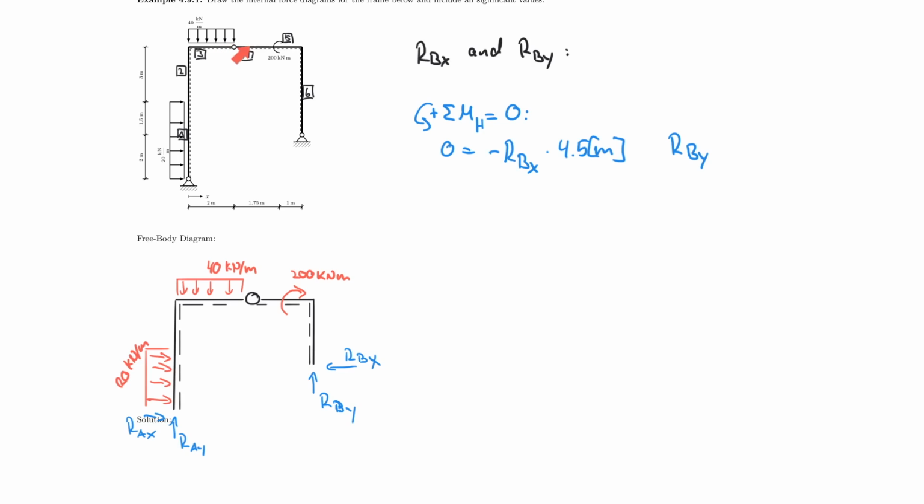So it has a lever arm of this distance, which happens to be 2.75, so times 2.75 meters. And that is turning counterclockwise this time. So this is positive. And now I need to include my 200 kilonewton meters here. So that turns clockwise, therefore it's negative 200 kilonewton meter.